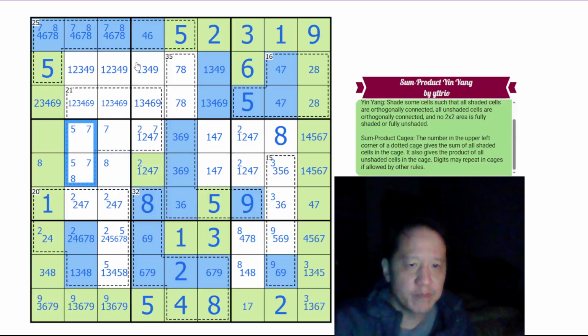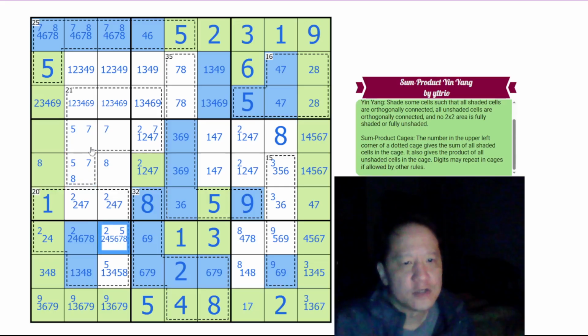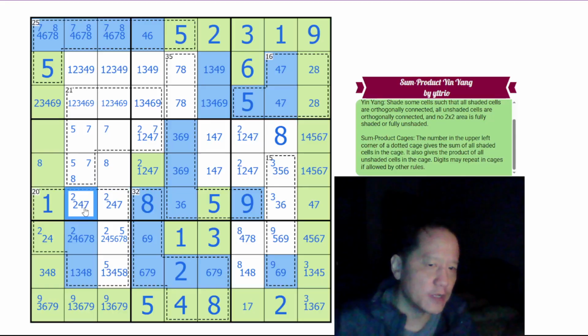So in box 4, 5 has to be one of these two cells. Huh. So it must be adding to there. It's multiplying here. It could be 5 and 1. That is possible. If this is blue, blue, that forces this to be green, green. If one of these is green... Oh.